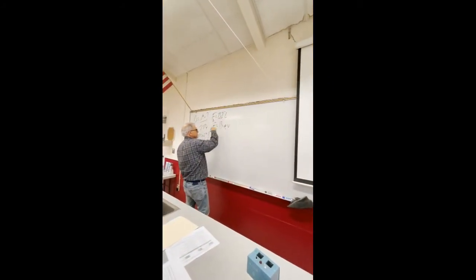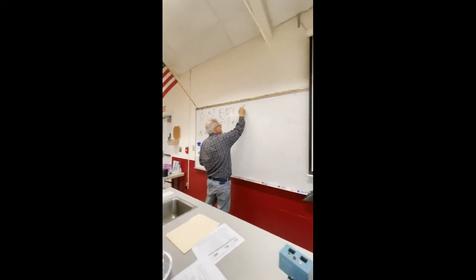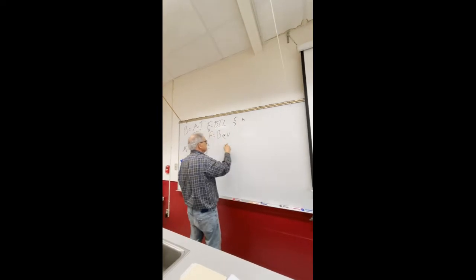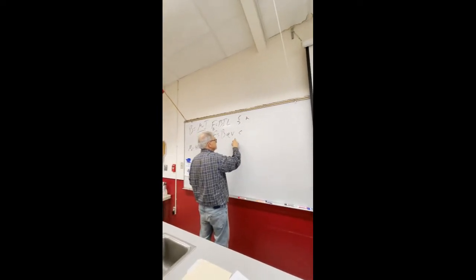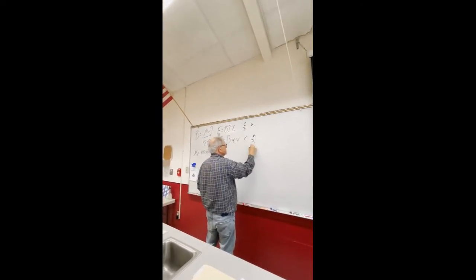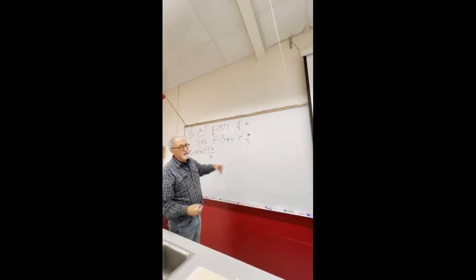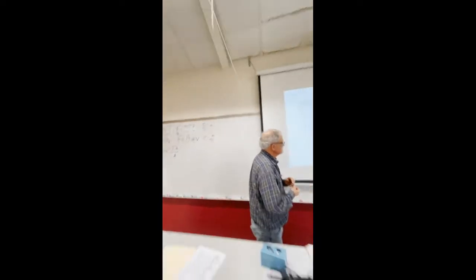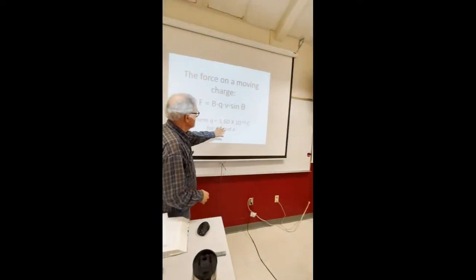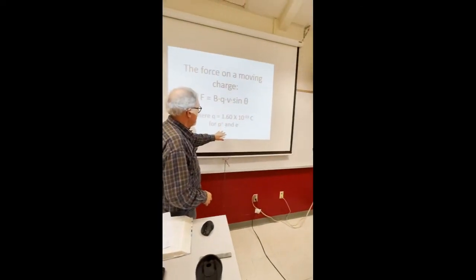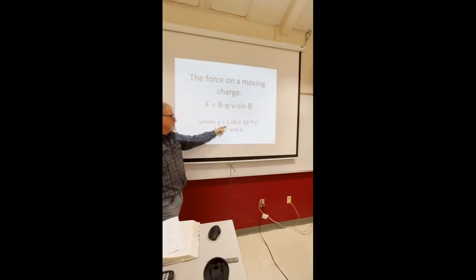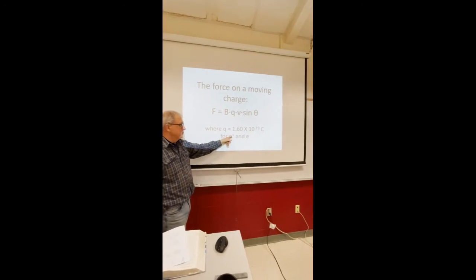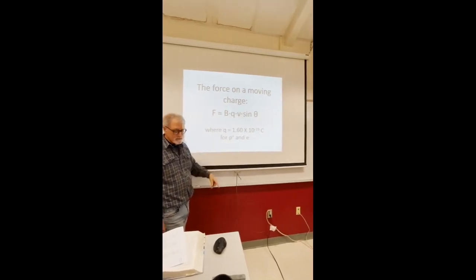Let's just look at this. The current is coulombs per second, and length is meters. And here, charge is coulombs and meters per second. All right, so then just a little reminder about the charge on a proton or an electron. A proton is positive, an electron is negative.